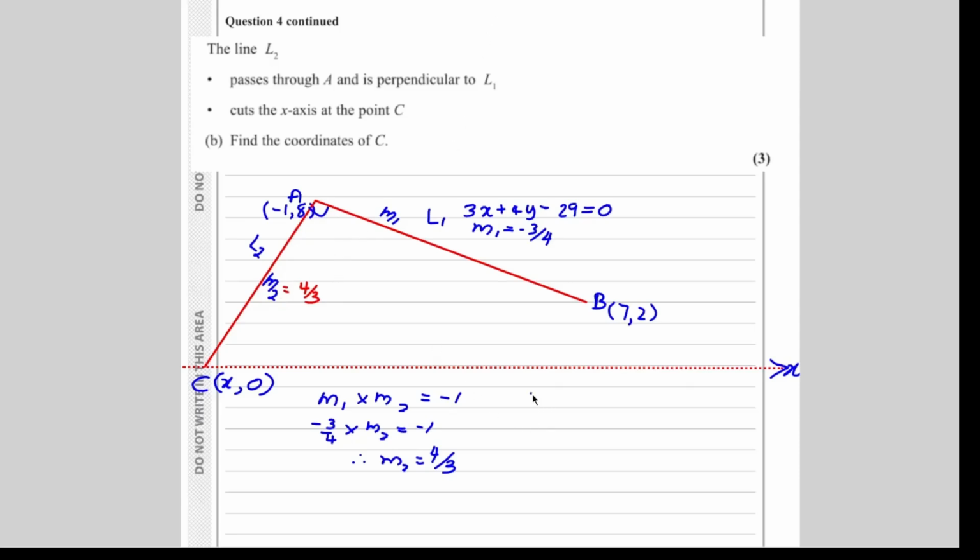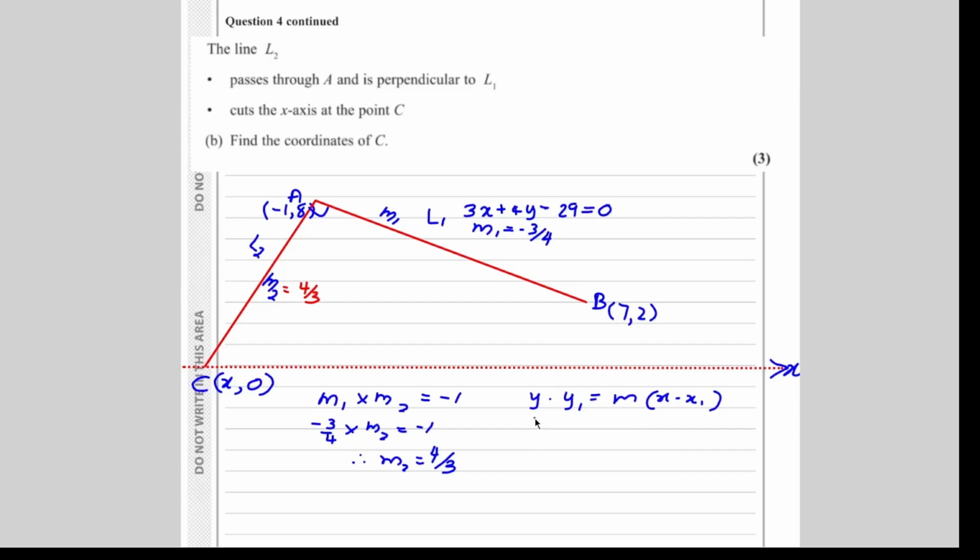So y minus y1 equals m times x minus x1. We know that y and x are fixed there. y1, x1 means the coordinate. You have to substitute the values of your coordinate into y1 and x1, and m is the gradient of the line.